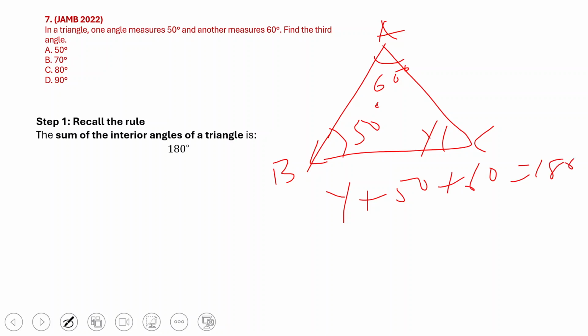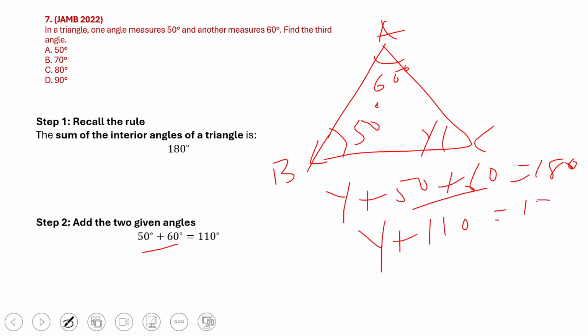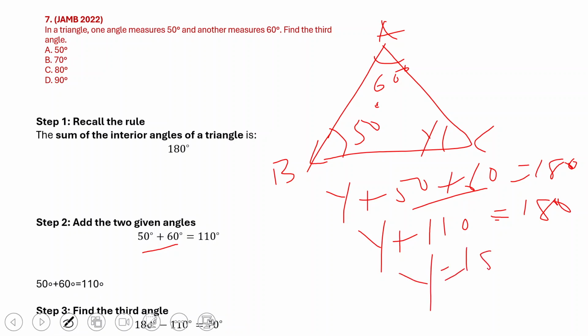This is consistent with the rule that the sum of interior angles in a triangle is 180. So by the time I add up these two, y plus 110 is equal to 180. At this point, I just have a simple equation where y is unknown. I can now subtract 110 from both sides, so y is equal to 180 minus 110, and that gives me 70 degrees. So 70 degrees is the answer, and the option is B.